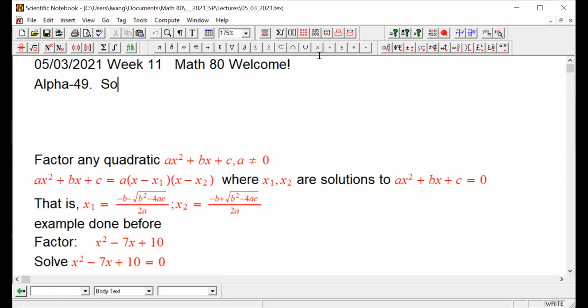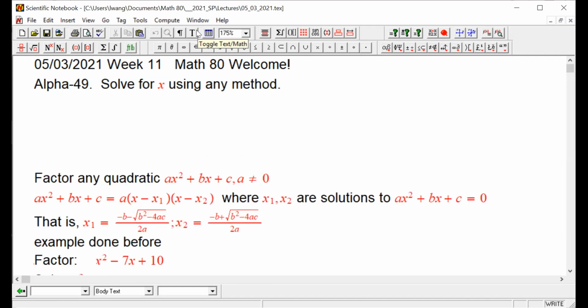Solve for x using any method. Any method we refer to is that, you know, all of these are if statements, right?